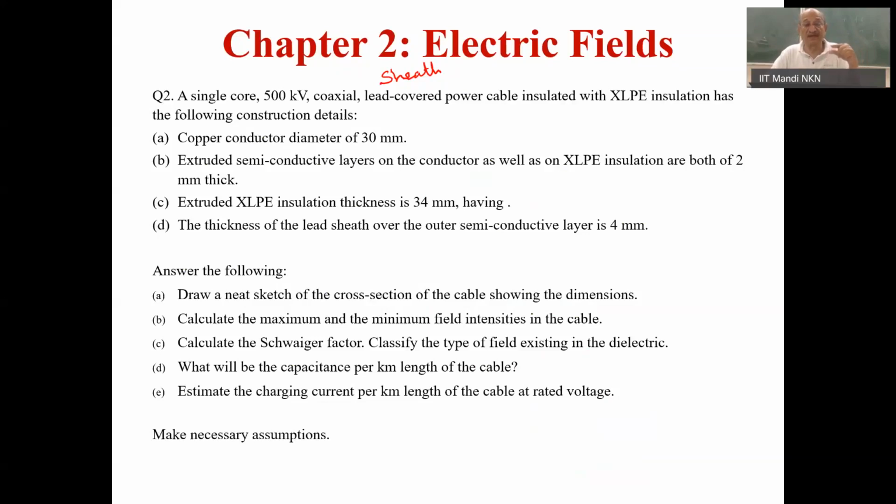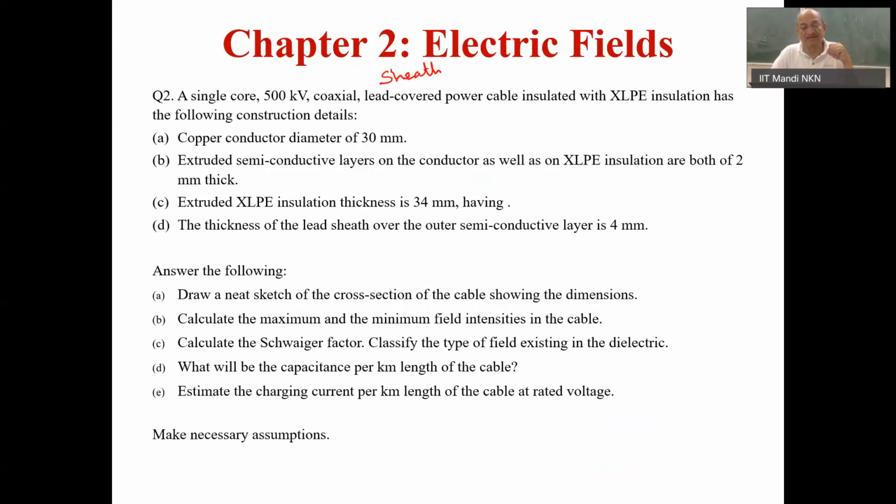That means the semiconductive layer also acquires the full voltage of the conductor. When it is provided over the dielectric or the insulation, over which you have provided a lead sheath, lead is a conductor once again. So that means the semiconductive layer over the insulation becomes part of the lead sheath. That means the dimension of the outer conductor.